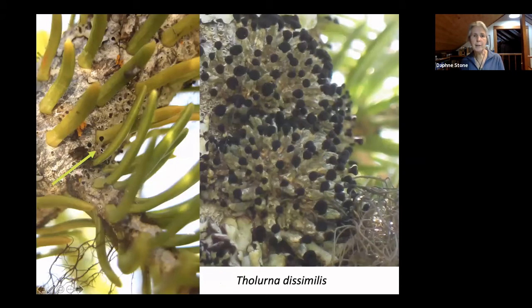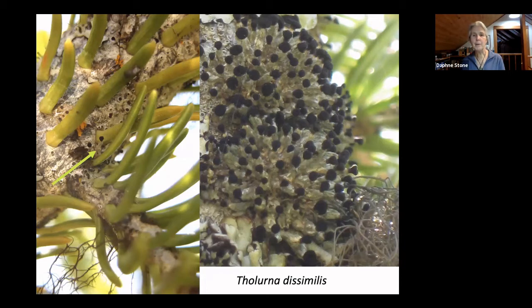You can barely see it in this picture, but there's a stalk that the arrow is pointing to, and there is a black apothecium on the tip of the stalk. And in another picture, you got this huge thallus of Thalerna dissimilis, a quite rare lichen in the Pacific Northwest, growing there in the middle of the bog, not up on a mountainous ridge.